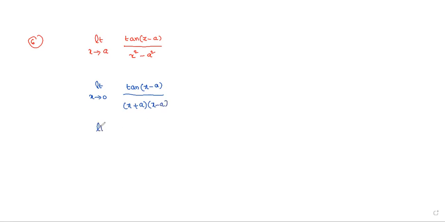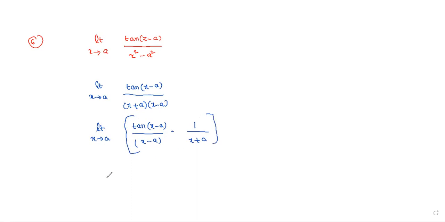I will write limit x tends to a, tan of x minus a by x minus a, into 1 by x plus a.